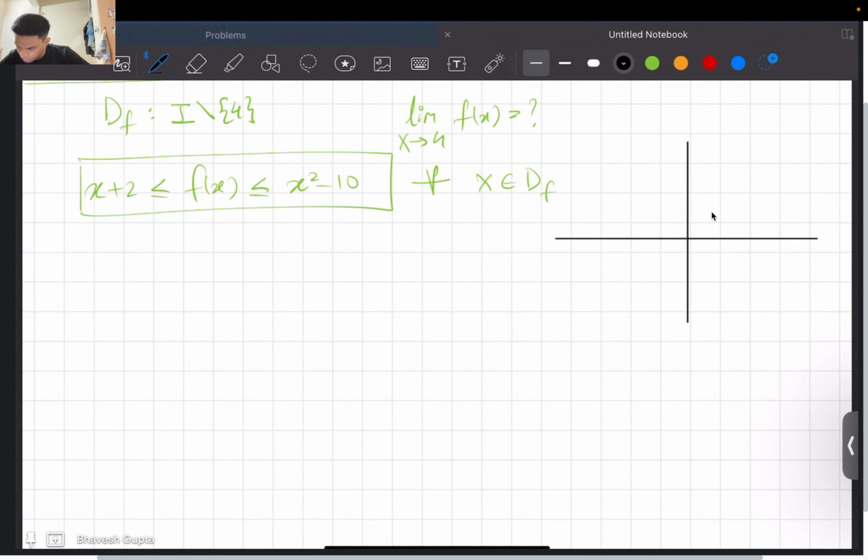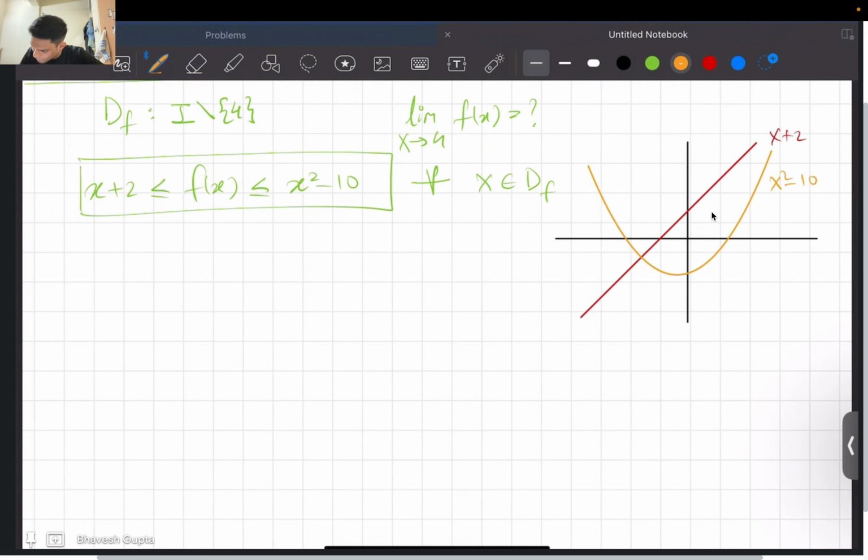And the way I can draw my x plus 2 is this. Okay, this is my x plus 2 and my x square minus 10, which can be seen as this. So this is my x square and we have shifted it down like this.